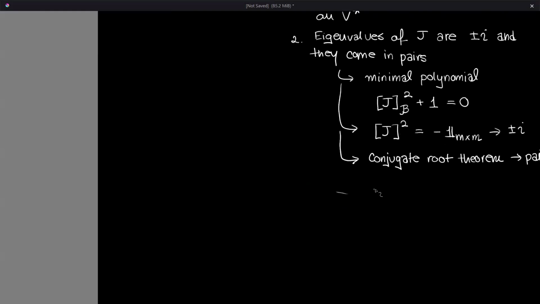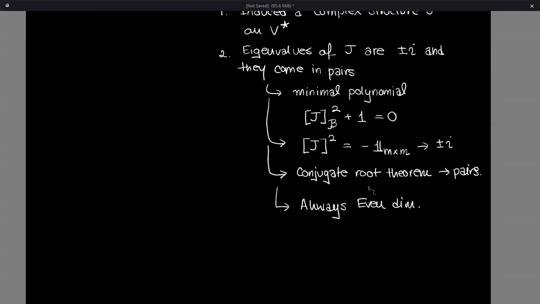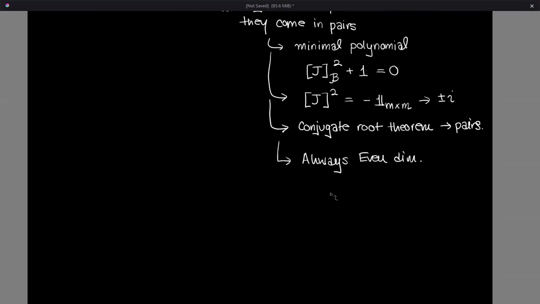We had some corollaries. Firstly, that complex vector spaces are always even dimensional. Because this only works when you have pairs of eigenvalues, and if you can construct an eigenspace with pairs of eigenvectors, well, each pair has two, so the total dimension has to be a multiple of two, therefore even dimensional.